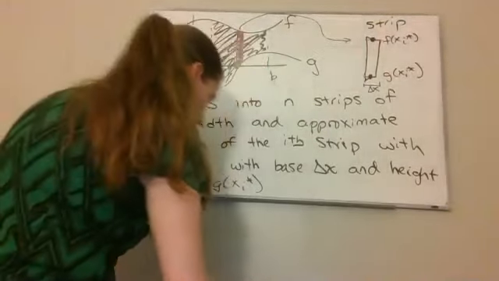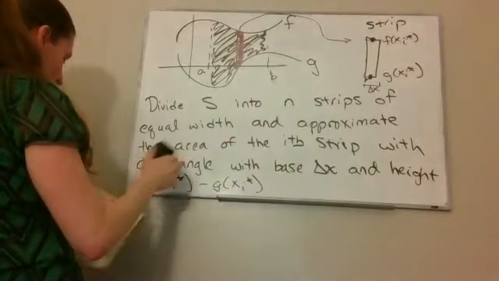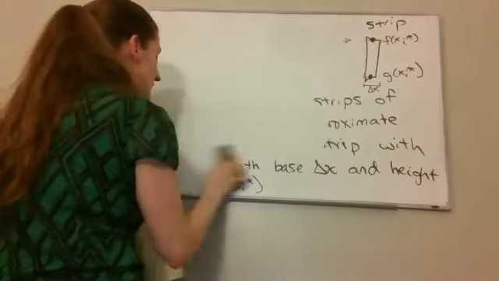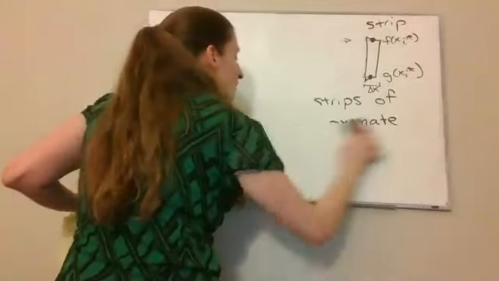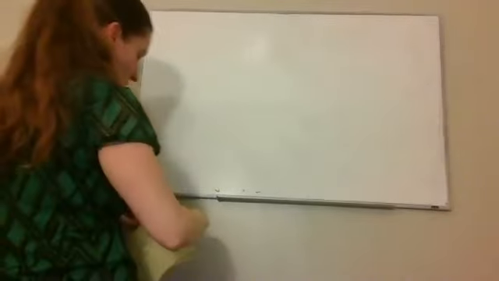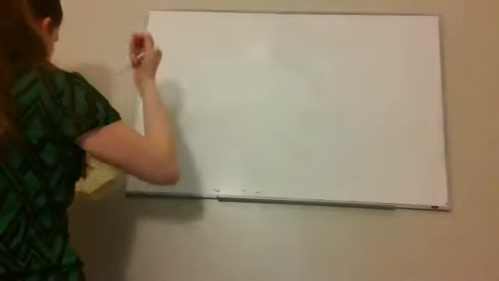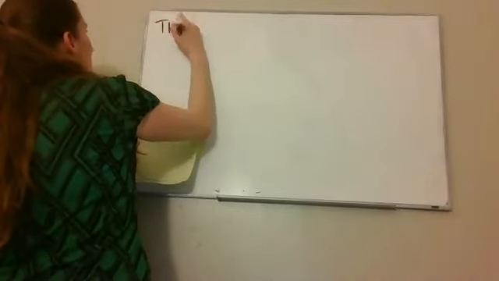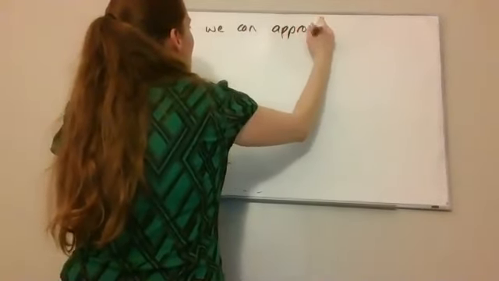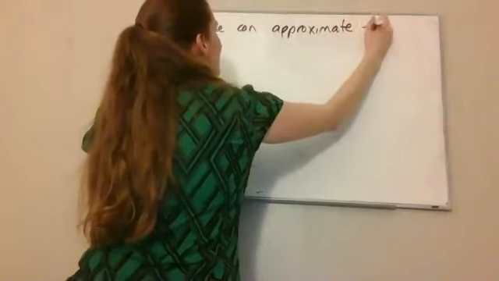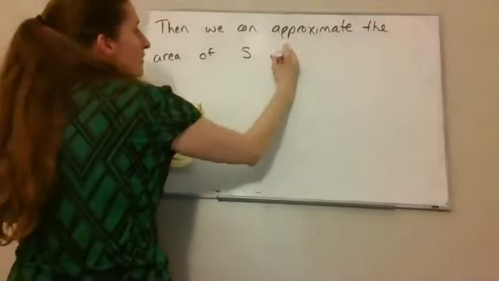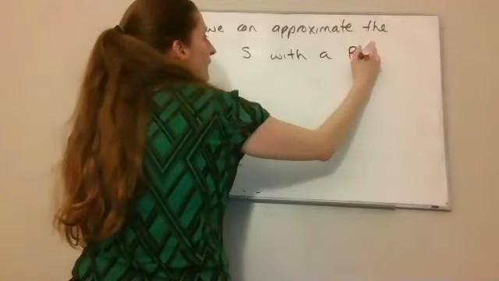So what we have now is we've estimated each of our strips with the area of a rectangle. And now what we're going to do, using inspiration from Calc 1, we're going to add all of the areas of those rectangles up. So then we can approximate the area of S with a Riemann sum.